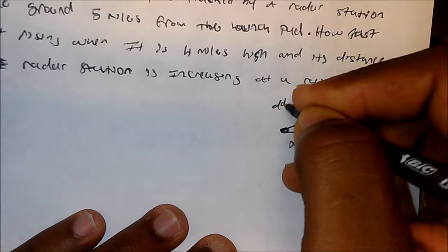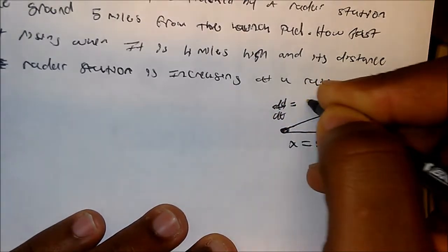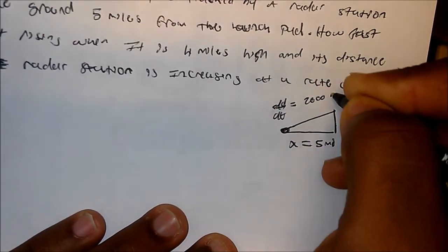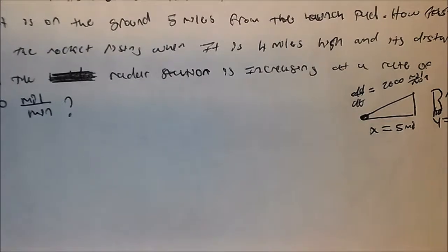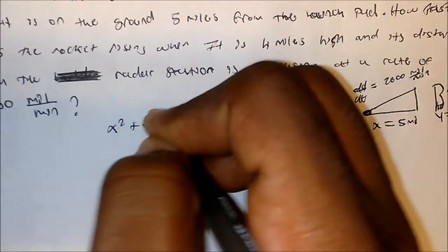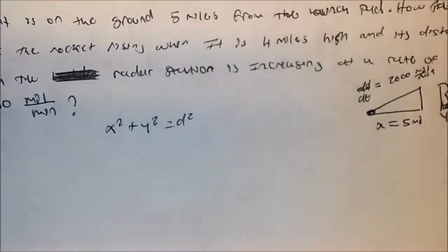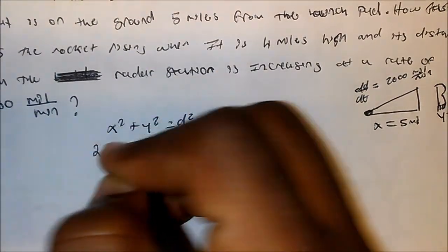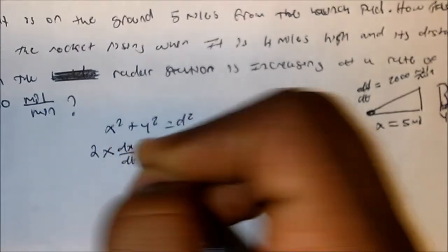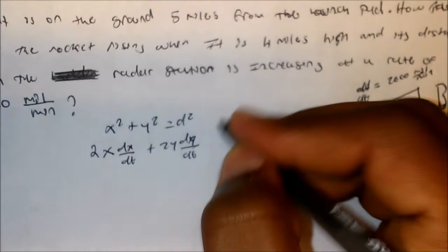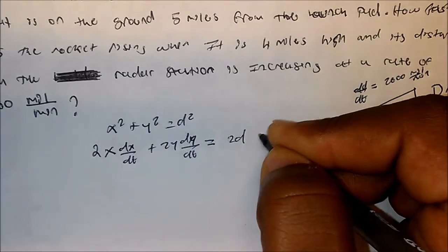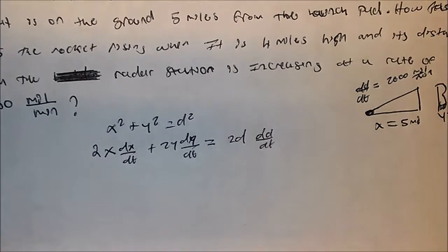So our dd dt, with respect to time, will be 200 miles per minute. Again, x squared plus y squared is equal to d squared. We're going to set up our formula. Take the derivative: 2x dx dt plus 2y dy dt is equal to 2d dd dt.